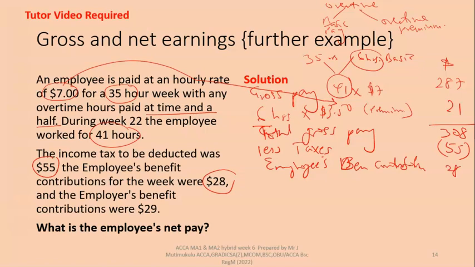So he also has to contribute. He also had to contribute 28 bucks to pensions. Okay, so his net pay should be 225.